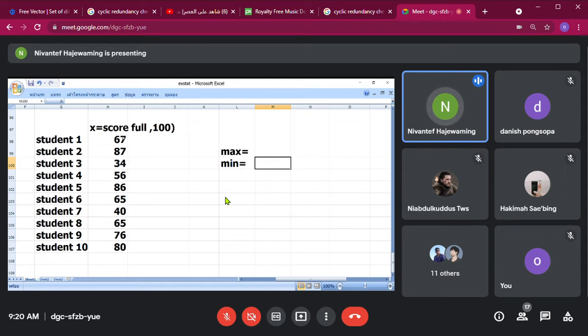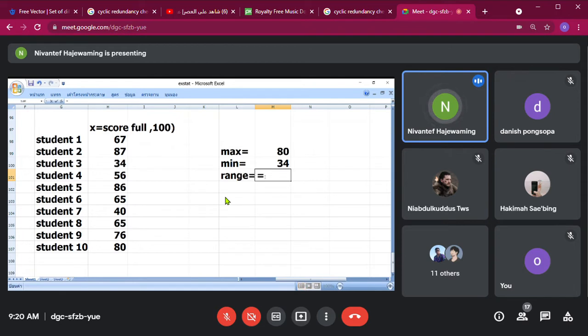We find the maximum and the minimum. The maximum is 87, and the minimum is 34. From this you can find the range, which means the difference between maximum and minimum.